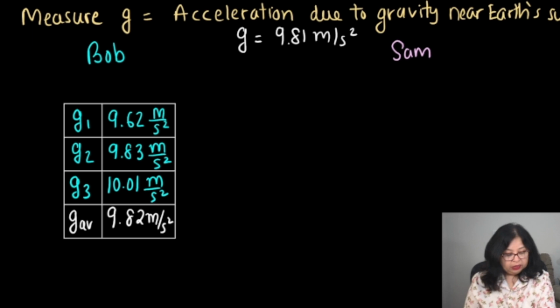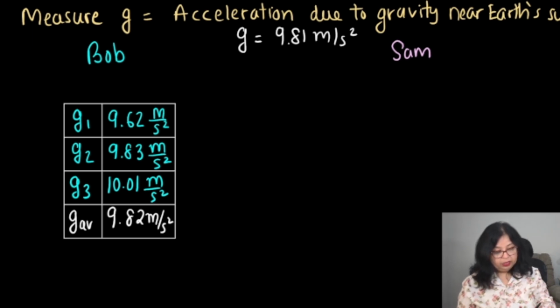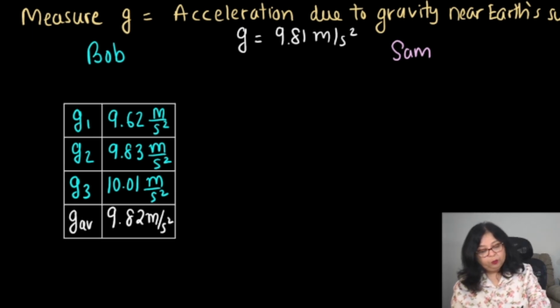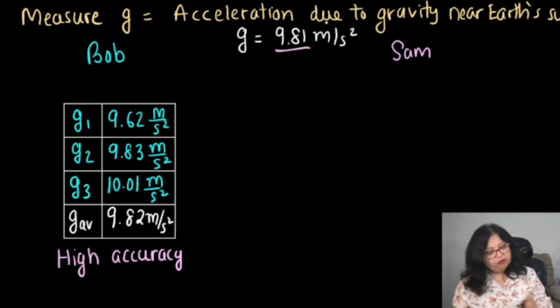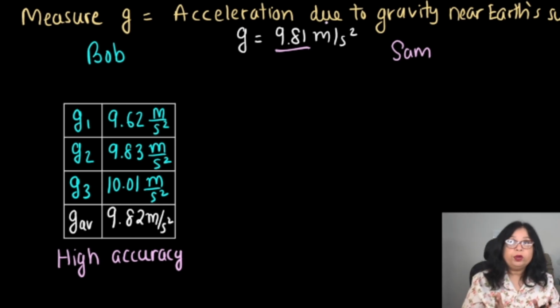If you look at the average value, it is fairly close to 9.81, which is the actual value. So Bob's experiment has high accuracy. Why? Because his average value is very close to the actual value of 9.81.